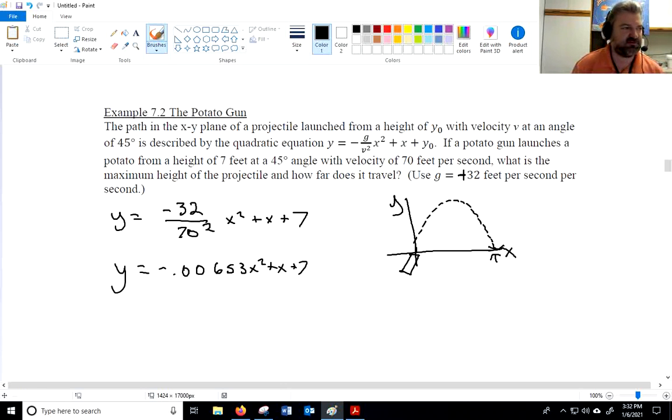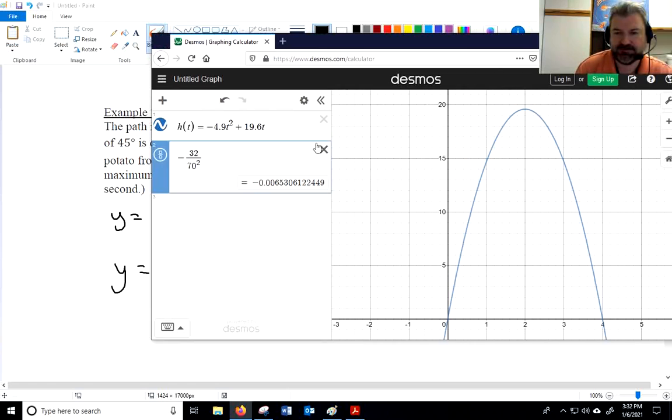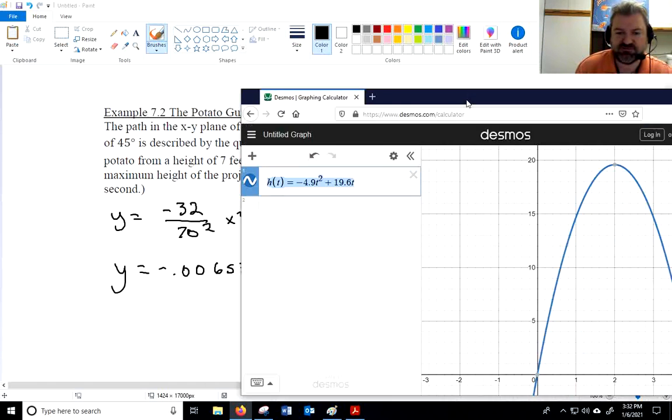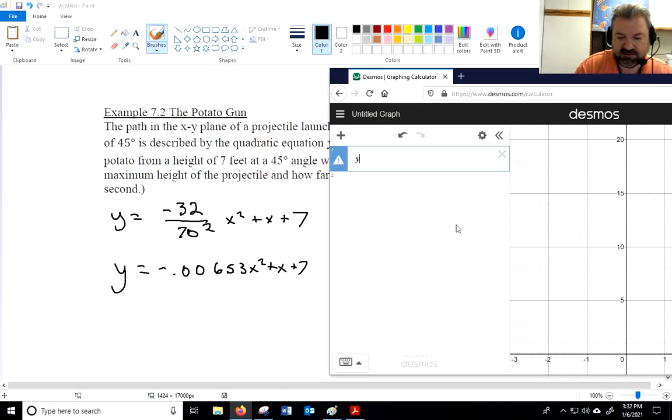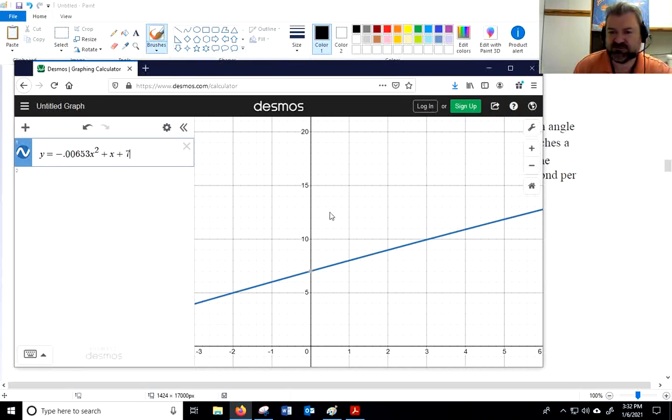But that's it. Let's go ahead and graph it. And these numbers aren't so pretty, so I'm just going to rely entirely on the graphing calculator. And we'll take a look at that.